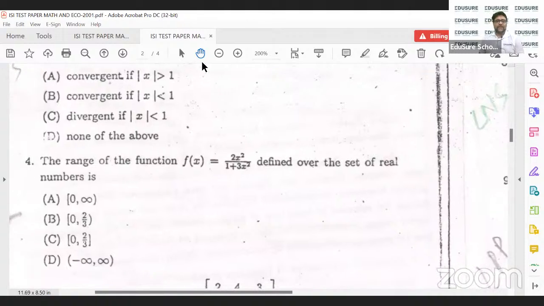It's on your screen right now. This is ISI 2001 question number 4. This is a question which you can solve in all the three approaches. Okay. Try. I'm sure that you will be able to do it. Make an attempt. Please do it.